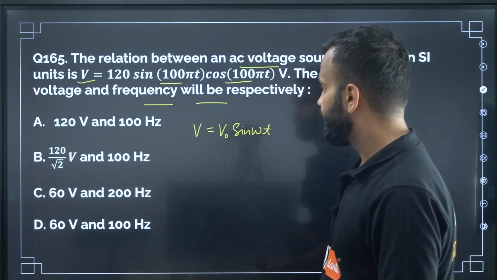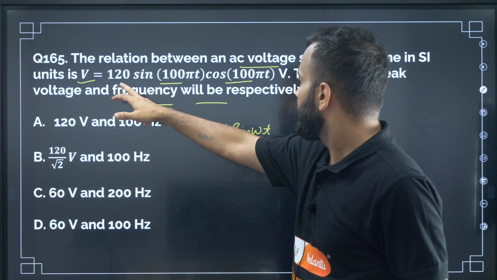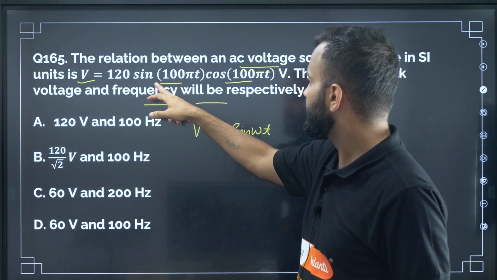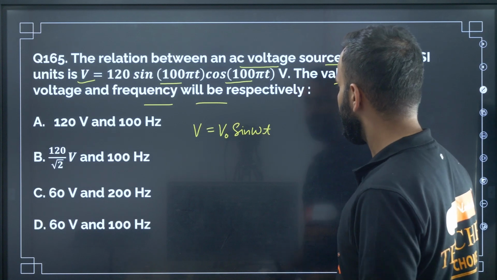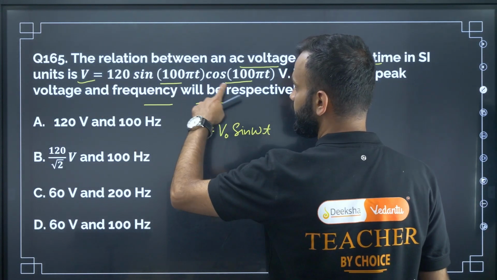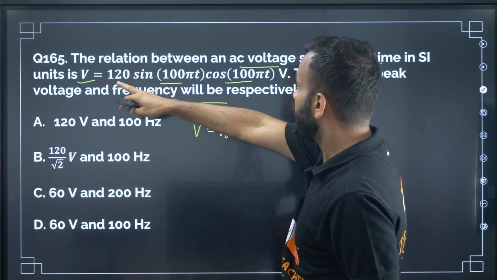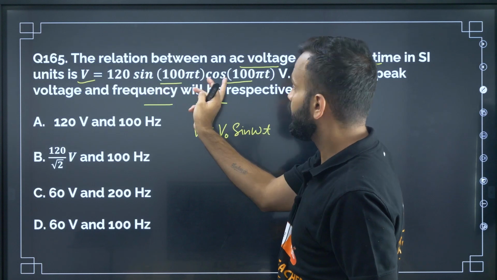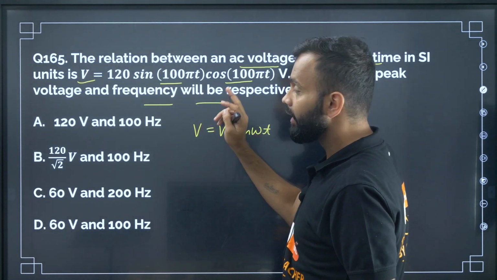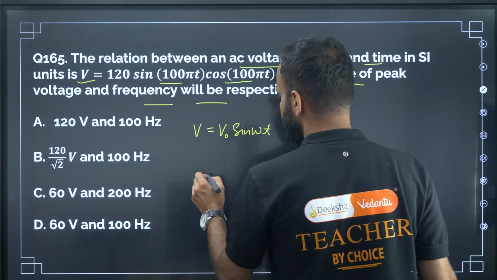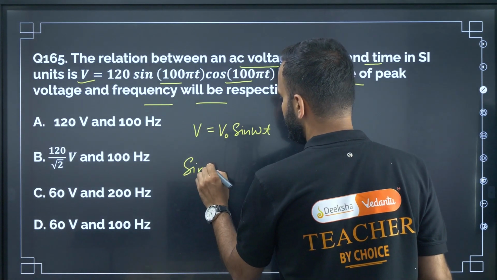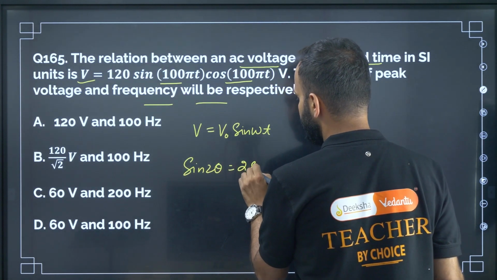Now observe the given equation. This is in the form of 2 sine theta into cos theta, not omega t. We know that sine 2 theta is equal to 2 sine theta into cos theta.